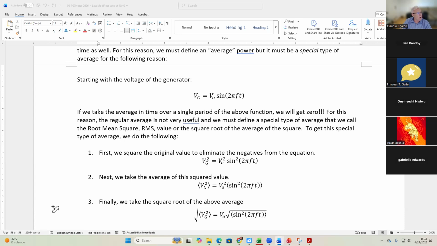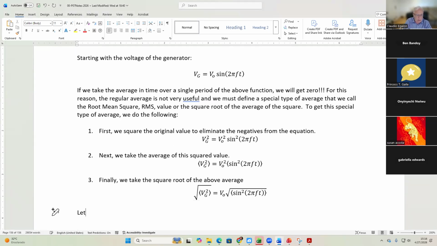Let's visualize how it looks. We start with something like that. Let us visualize in a graphical form how this calculation is done.